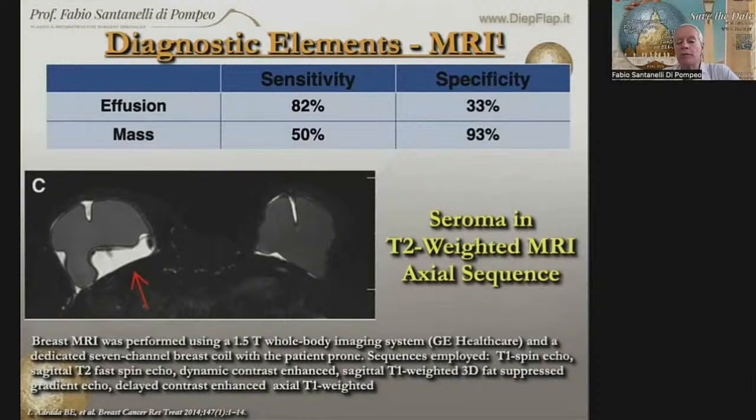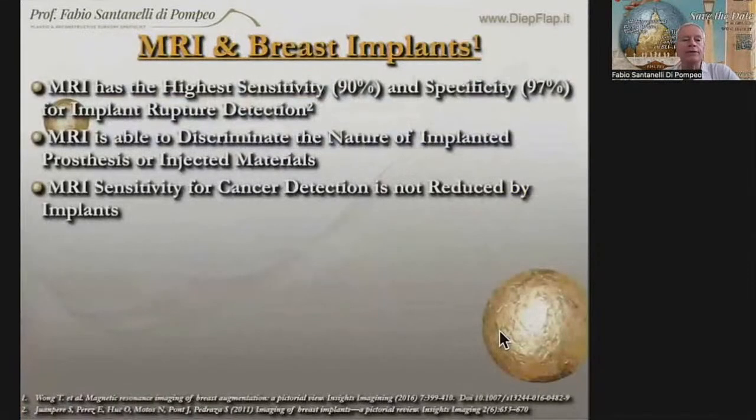There is a fat suppression of the exam in order to remove the component of the fat and show the implant with an effusion, and mainly we can see the crenellated appearance of the right implant shell, which may be pathognomonic for a capsular contraction for sure, and also for rupture of the implant.